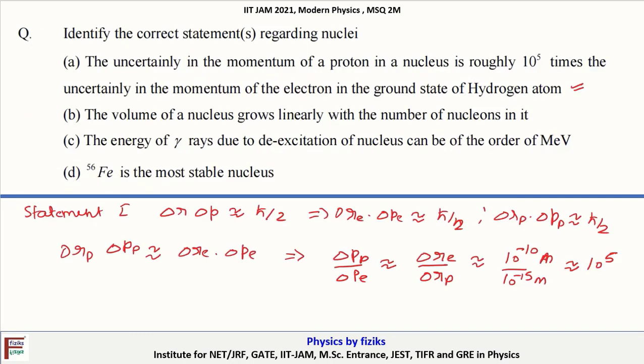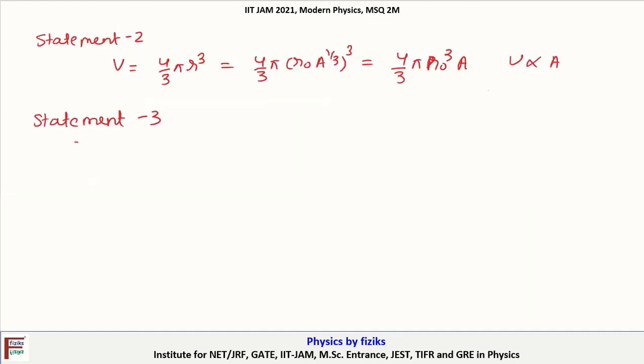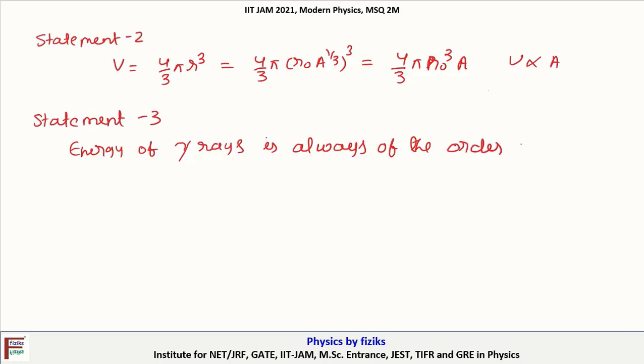Statement 3 says the energy of gamma rays due to de-excitation can be of the order of MeV. Yes, the energy of gamma rays is always of the order of MeV.